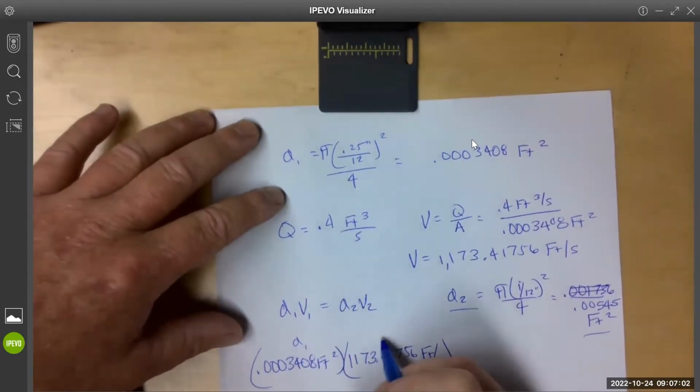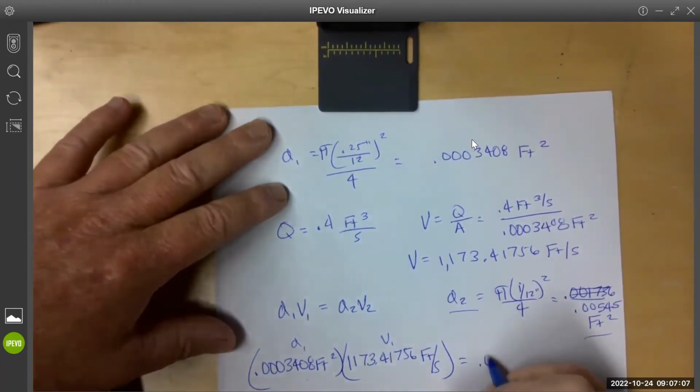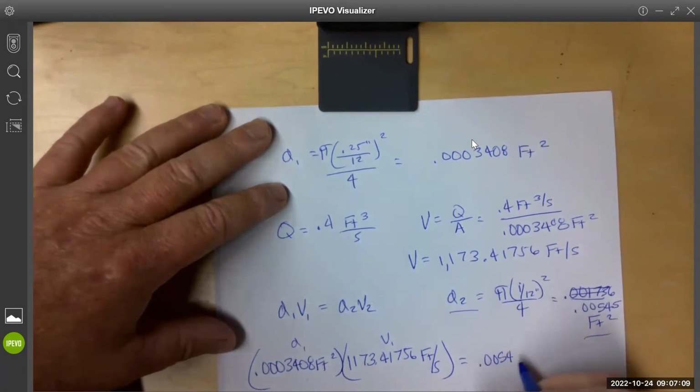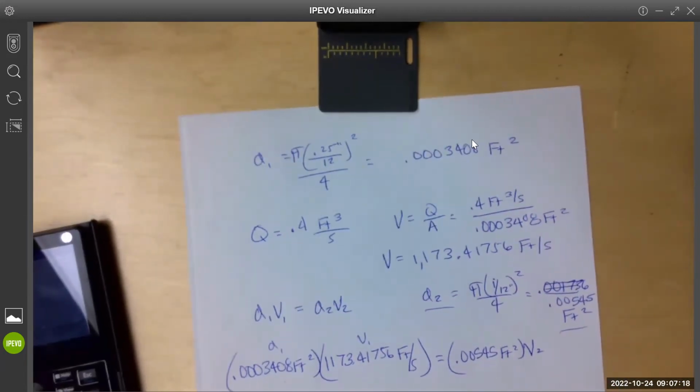So A1 V1 equals A2, 0.00545 feet per second times V2, the velocity in the second pipe.